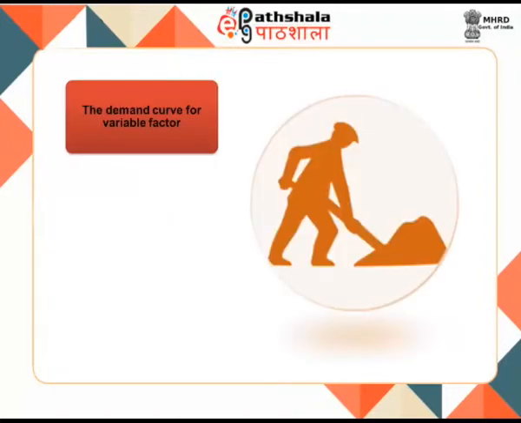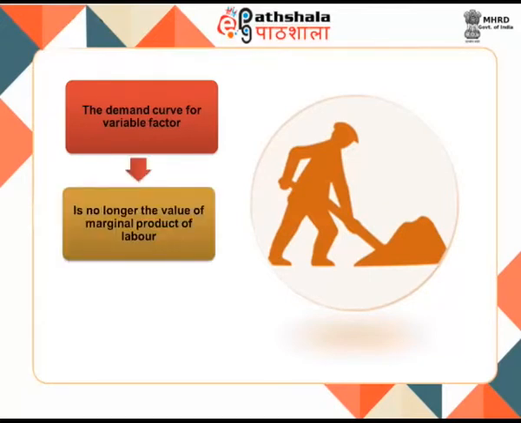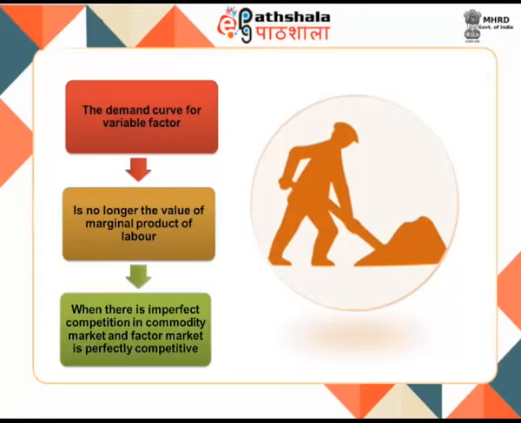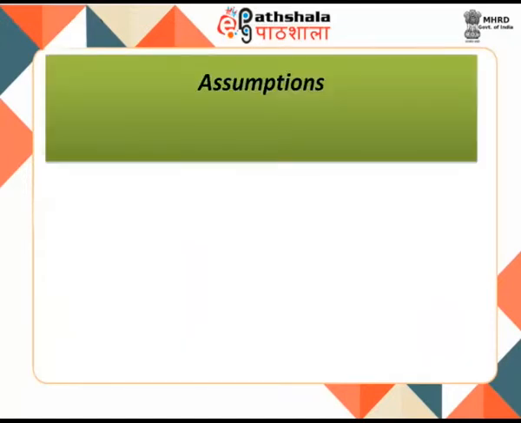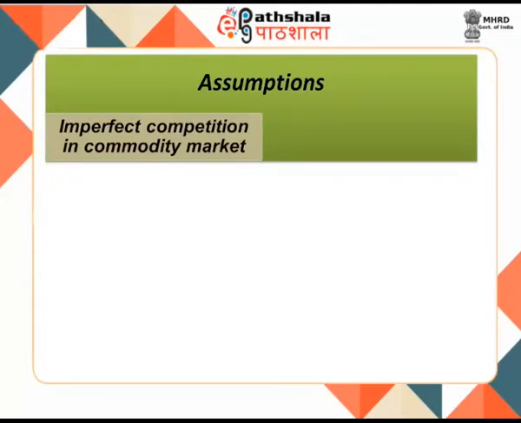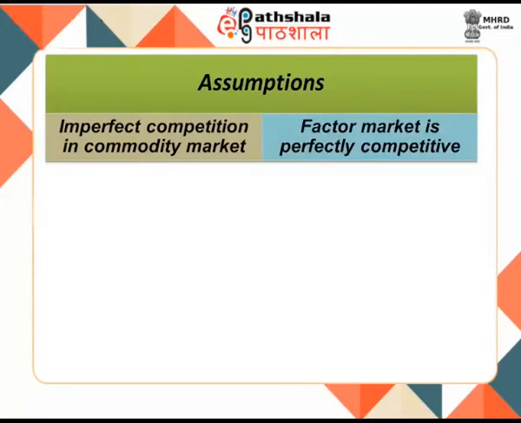The demand curve for variable factors such as labor is no longer the value of the marginal product of labor, VMPL, when there is imperfect competition in the commodity market and the factor market is perfectly competitive.